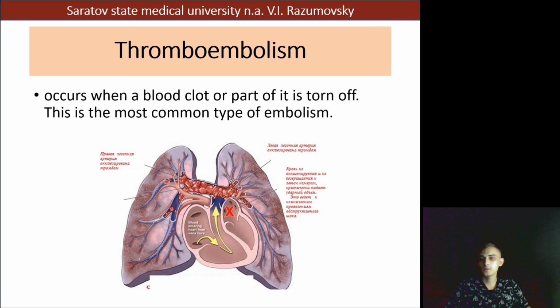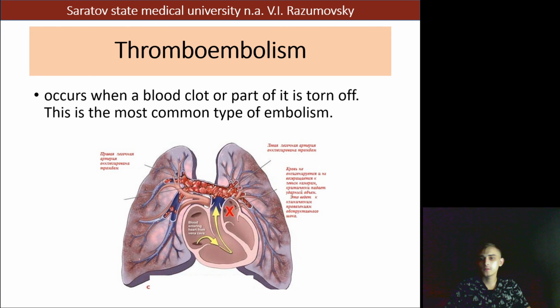Fat embolism develops when fats enter the bloodstream. It may occur in case of traumatic damage to bone marrow with fracture of long tubular bones. Most often it's associated with fracture of extremities.